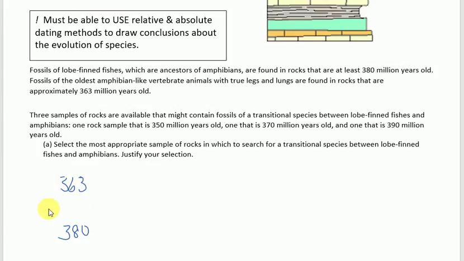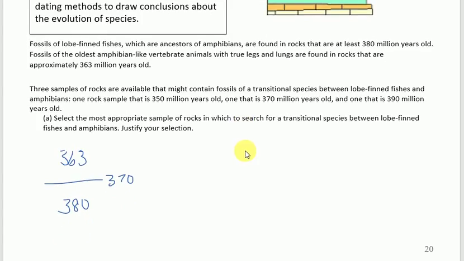So obviously, it would be the 370. And you would justify that by saying 350 million years is after amphibians were discovered, and 390 is before the lobe-finned fish were discovered. So that transitional could not occur before or after those were discovered.